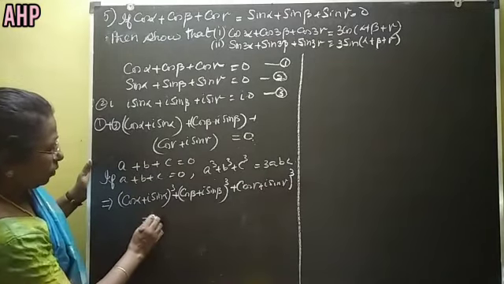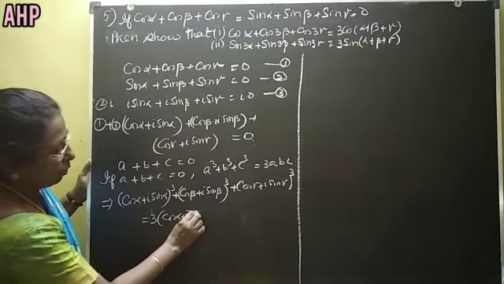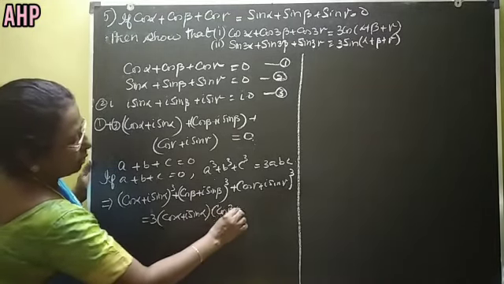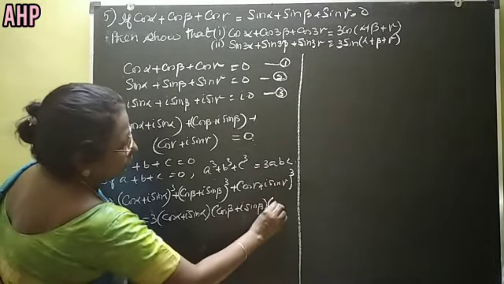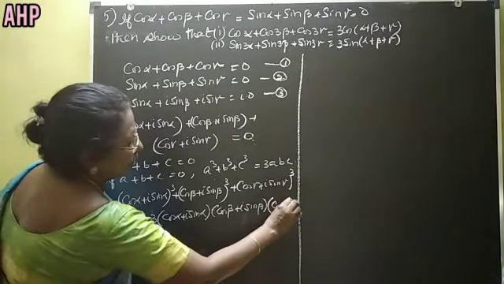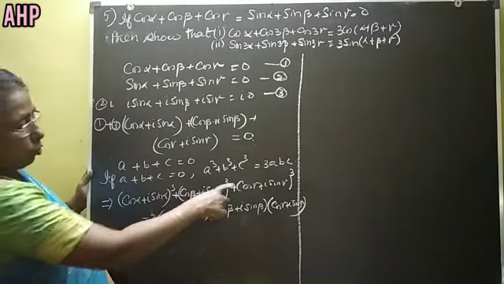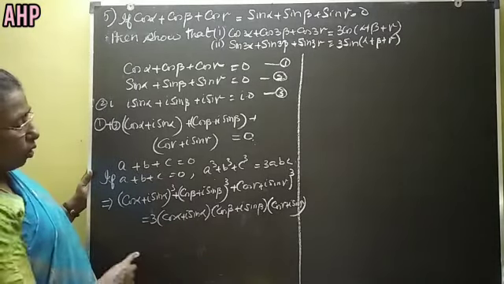This will be equal to 3 into cos alpha plus I sin alpha into cos beta plus I sin beta into cos gamma plus I sin gamma. So A cube plus B cube plus C cube is equal to 3ABC. So what does this give?